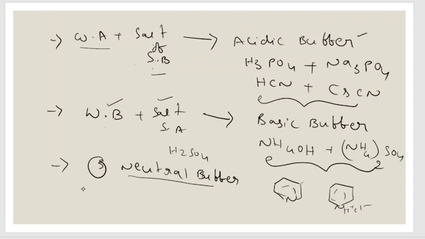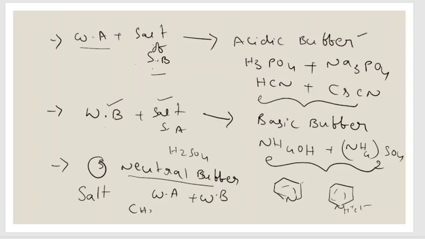It is a single compound solution. A neutral buffer solution is a single compound solution, and that single compound is a salt, obtained from a weak acid and a weak base.